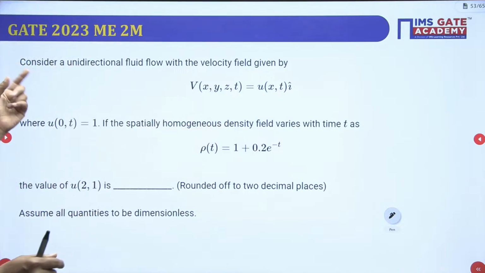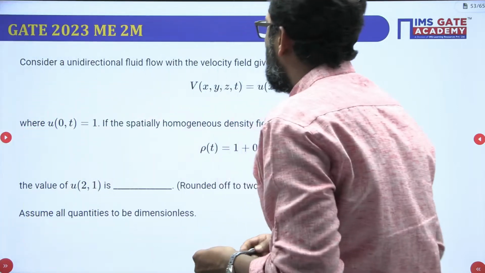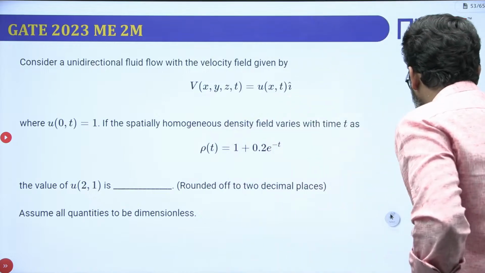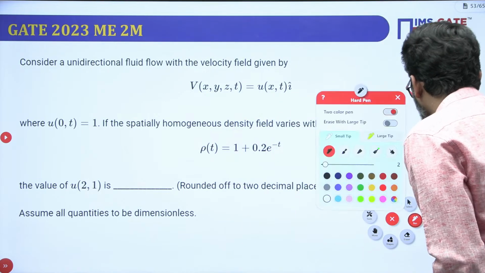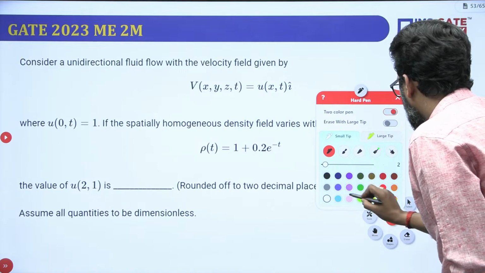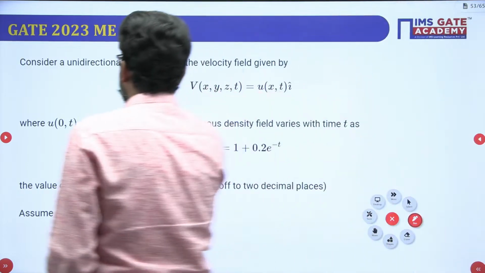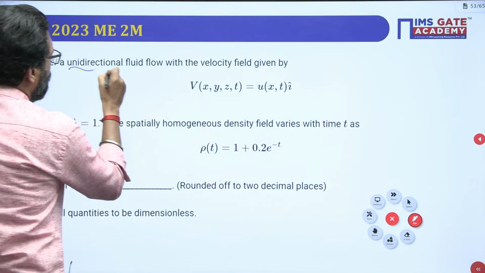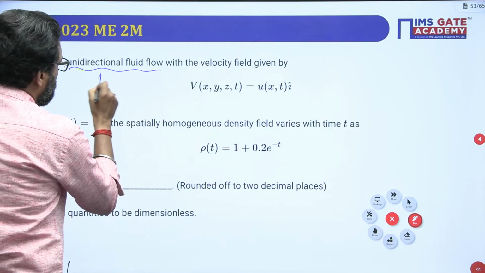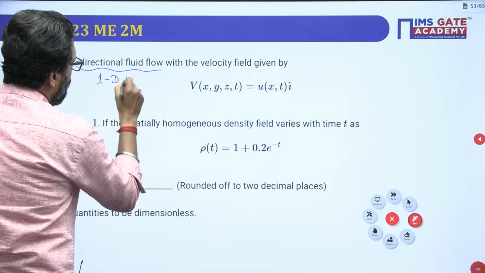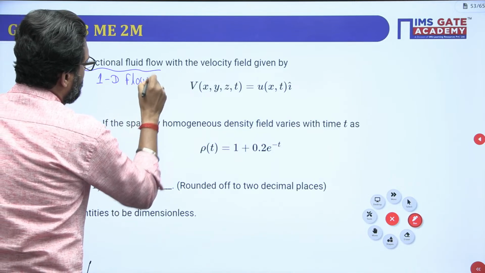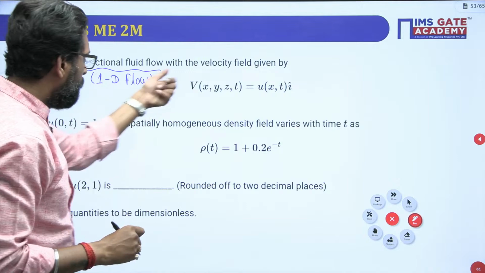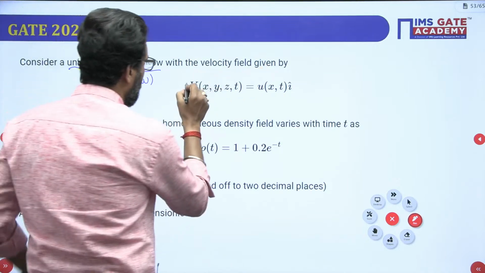Okay, consider a unidirectional flow. Unidirectional flow means 1D flow, one dimensional flow, with a velocity field.